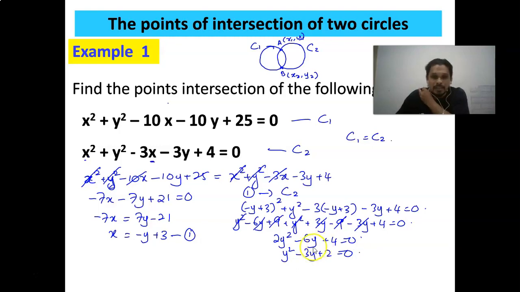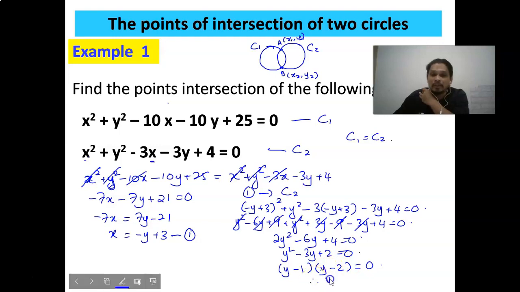So next, factorize this to find the value of y. We need two numbers whose product is 2 and whose sum is negative 3. 2 is 1 times 2, so negative 3 gives us negative 1 and negative 2. y times y is y squared, y times negative 2 is negative 2y, with negative y gives negative 3y, and negative 1 times negative 2 equals 2.